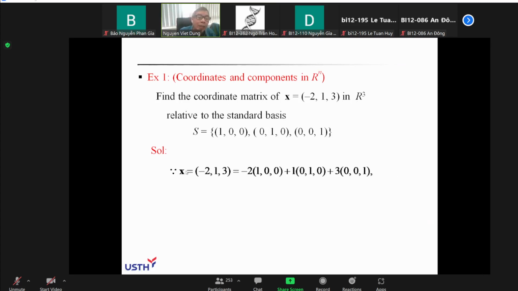Very easy, because X is -2 times the first vector plus 1 times the second vector plus 3 times the third vector. So the coordinate column will be -2, 1, and 3.